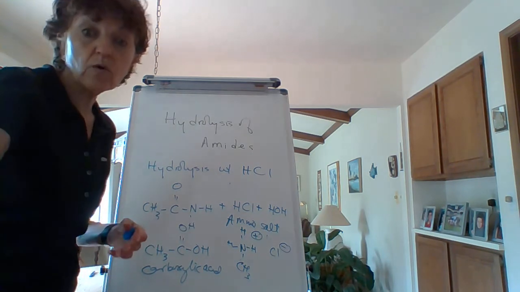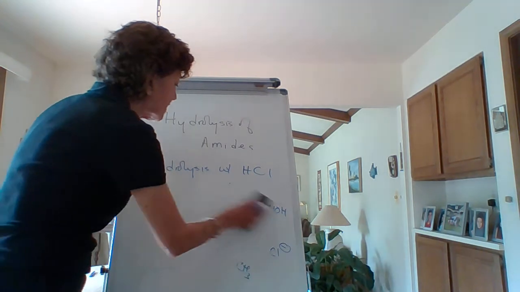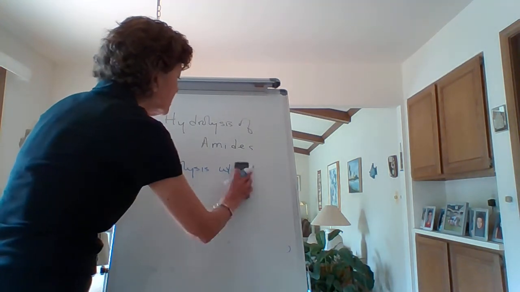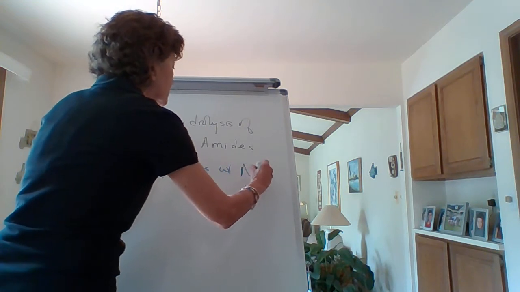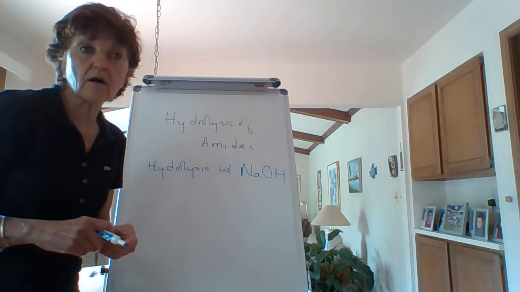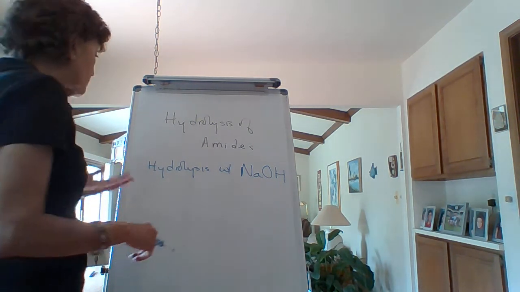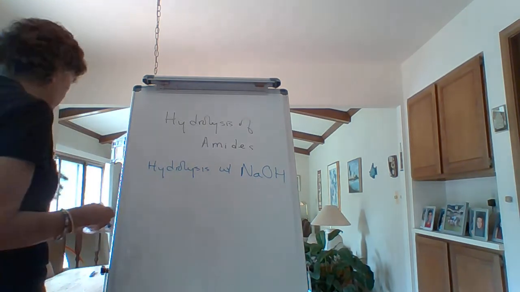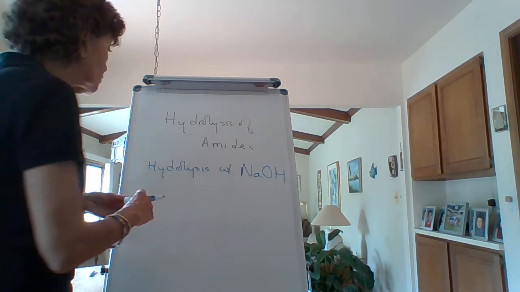And then the last one is with sodium hydroxide. So let's say I've got an amide, but now I want to hydrolyze it with sodium hydroxide. Remember when we had our esters and we created salts, carboxylate salts. So what we're going to do now is create a carboxylate salt again with the carboxylic acid group.